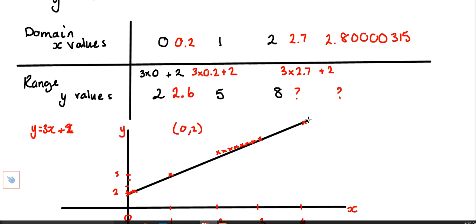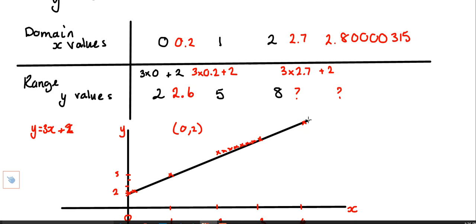Here's a question for you. If it goes up in threes for every 1, what will it go up in for every 0.1? 0.3. So I could follow the pattern in whatever increment I liked. So this would be the line.